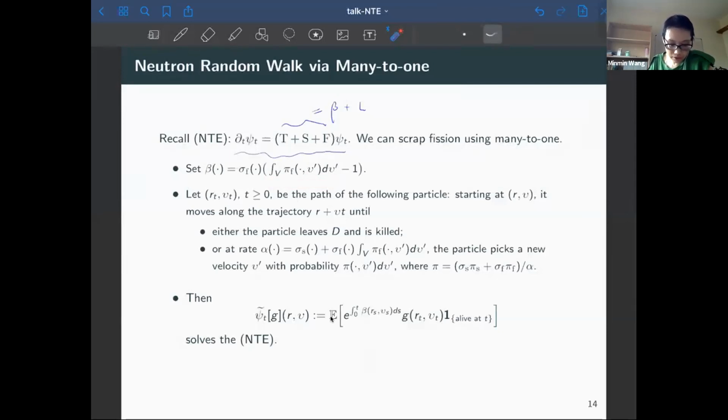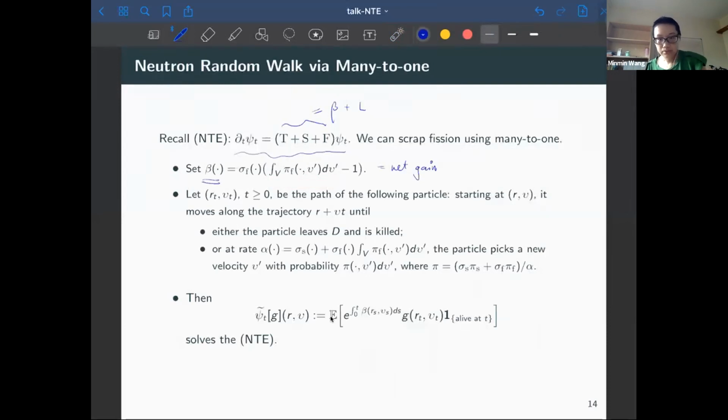So this gives you the net gain from the branching event. This determines the first coefficient in this many-to-one formula, which I denote as beta, and then you put all the rest into this operator L.